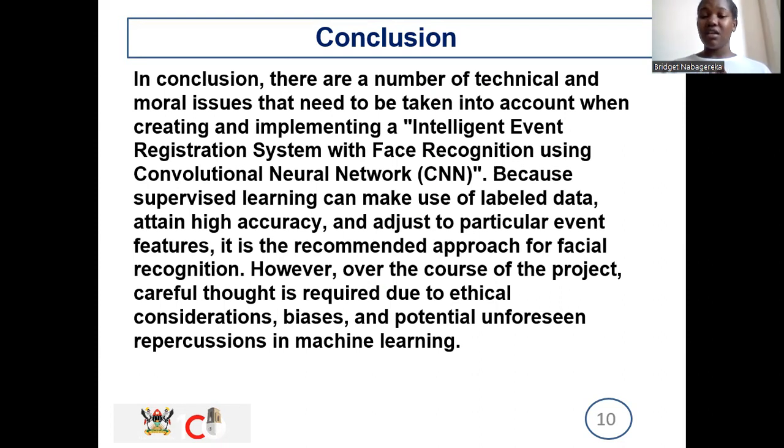Supervised learning can make use of labeled data, attain high accuracy, and adjust to particular event features, so it is the recommended approach for facial recognition. However, over the course of the project, careful thought is required due to ethical considerations of biases and potential unforeseen repercussions in machine learning.